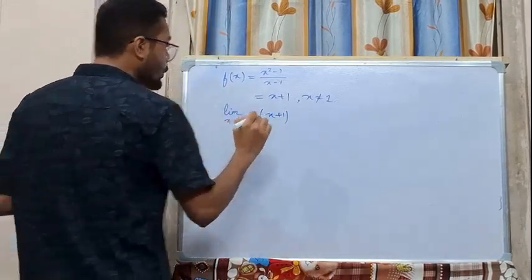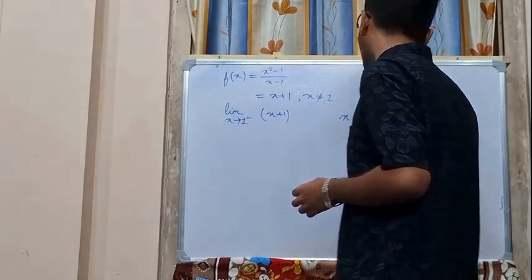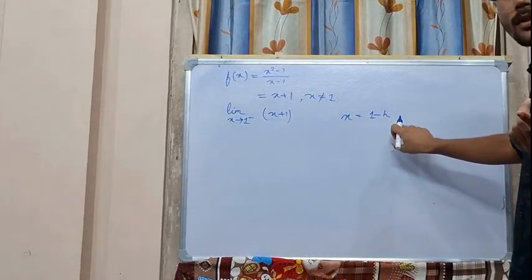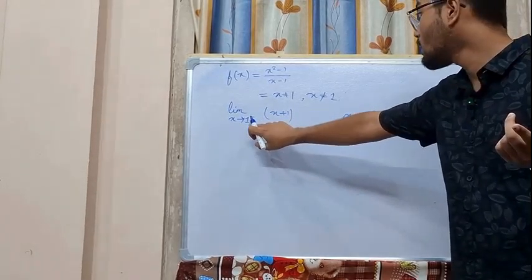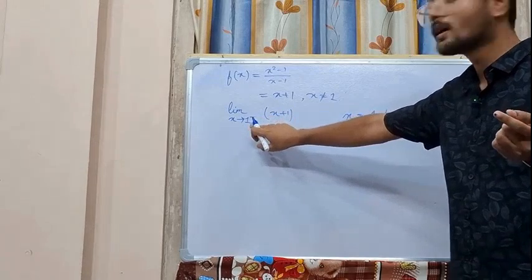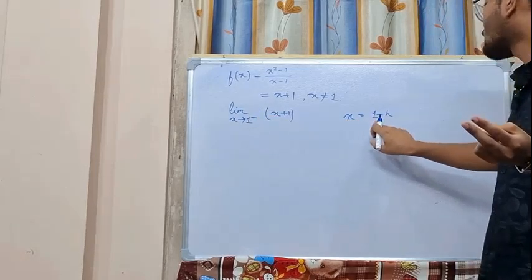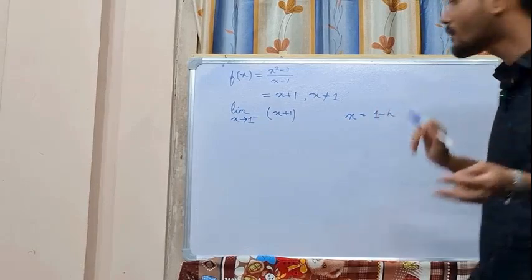We can write x as 1 minus h, as in the previous one. h is a very small number, infinitely small, and that is why, when x is approaching from the left hand side of 1, h is subtracted from 1.